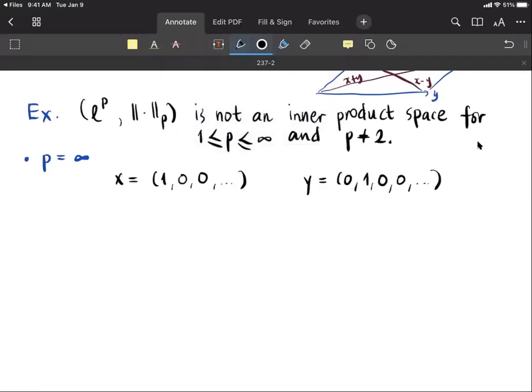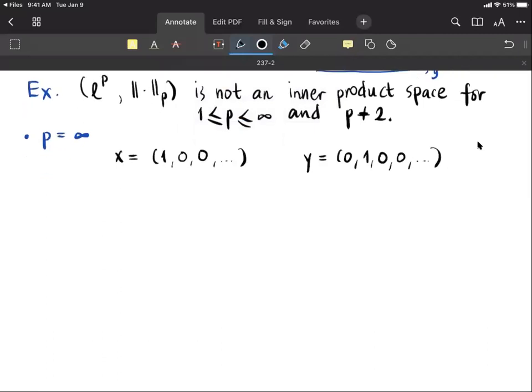Okay. And you know that the sum is taken component-wise, and the difference is taken also component-wise.